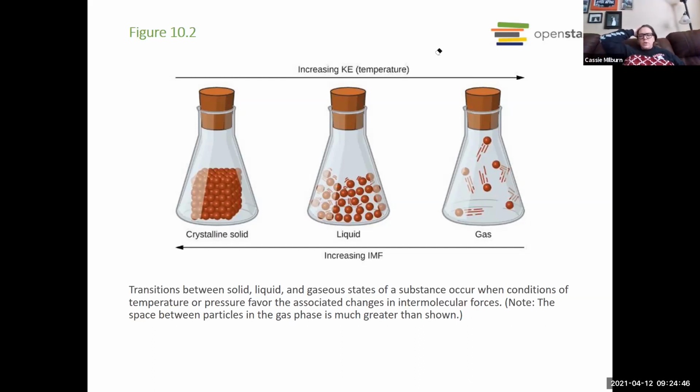Does kinetic energy only affect the intermolecular forces? You said it doesn't have an effect on the intra. That's right. There's not enough energy. Well, kinetic energy can, if we put enough in there, have an effect. But at the level that we're doing it, like when we boil something, water doesn't all of a sudden become oxygen gas and hydrogen gas.